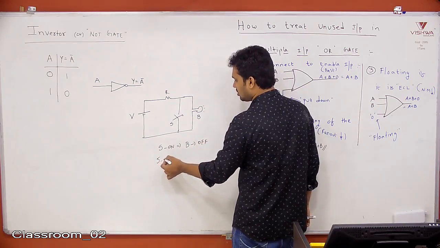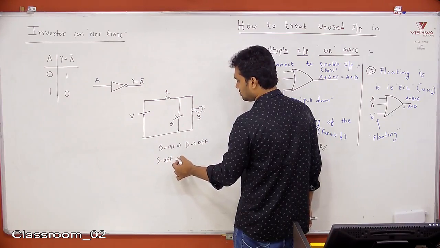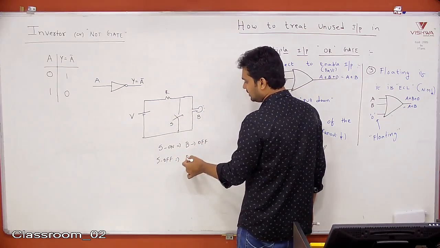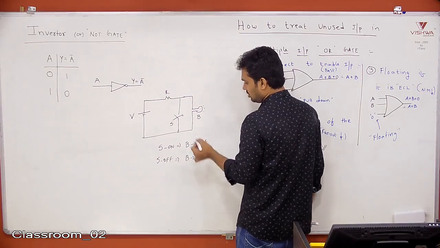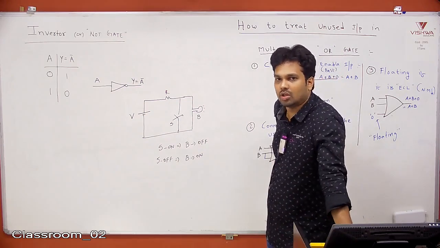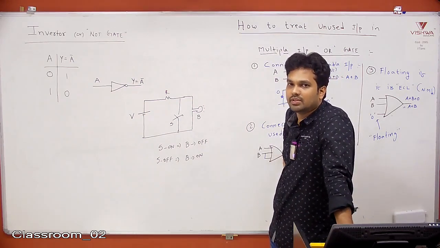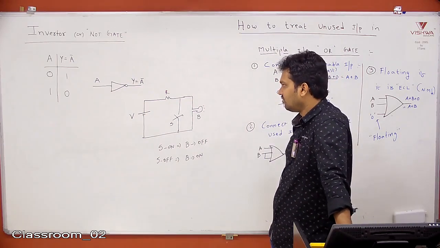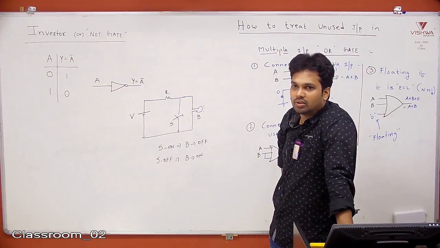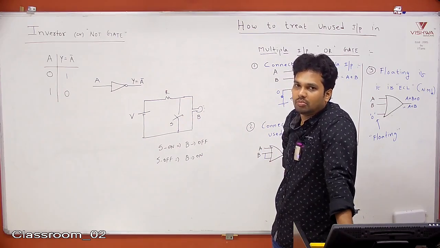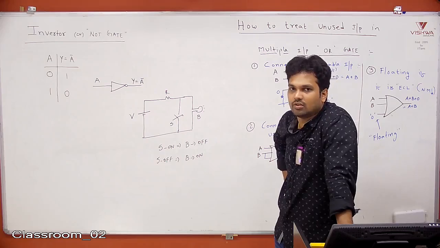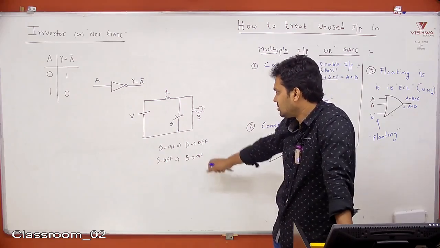When switch is off, current starts flowing through resistor and the bulb will be on. This is called inversion action. When switch is on, bulb is off. Switch is off, bulb is on. This is a small example of the inverter. Inversion means whatever we have input, that will be inverted in the output. If your input is 0, output will be 1. If input is 1, output will be 0. Okay, copy up to this first.